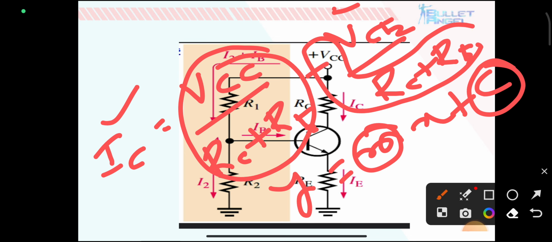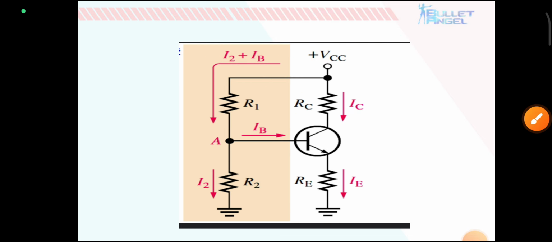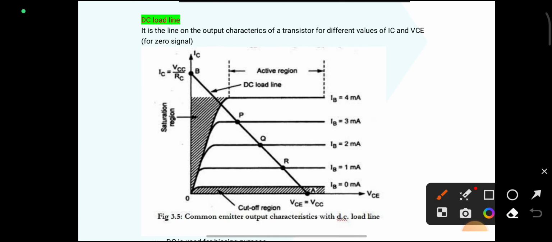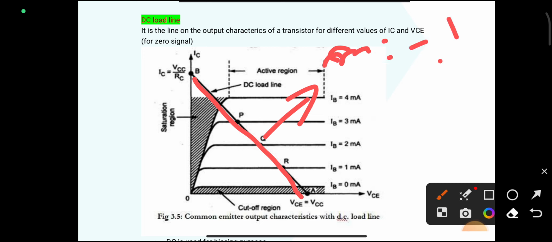The y-intercept is constant, VCC is constant, and RC plus RE is also constant. The slope is 1 divided by RC plus RE, and it is a negative slope. That's why we have this type of line. So this line indicates the negative slope, m is equal to minus 1 divided by (RC plus RE).